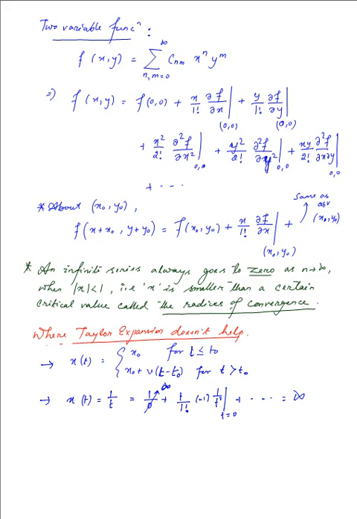Again, we can consider one more case where we take x of t as root of t. So root t is going to be expanded like this, where we have t over 1 factorial.